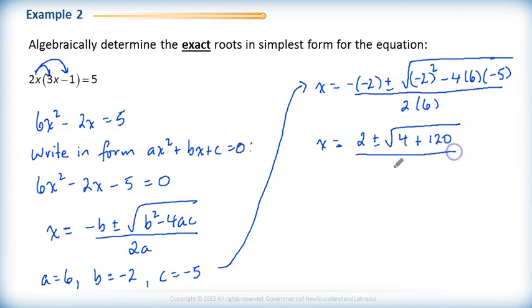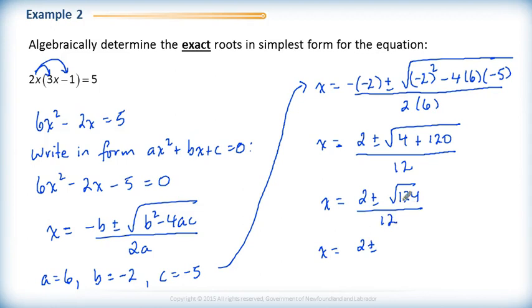All over 12. So we've got x equals 2 plus or minus the square root of 124 all over 12.